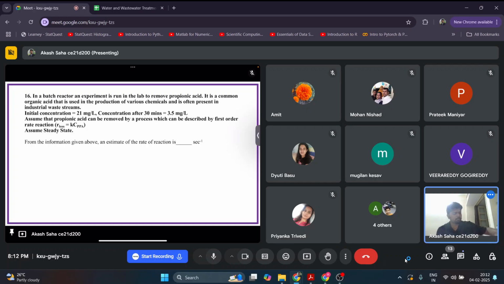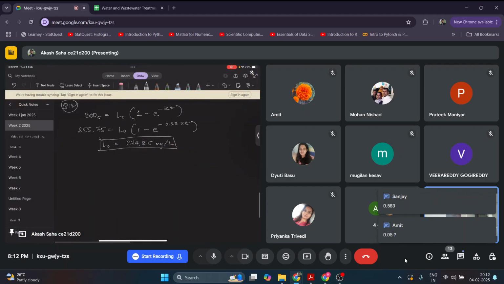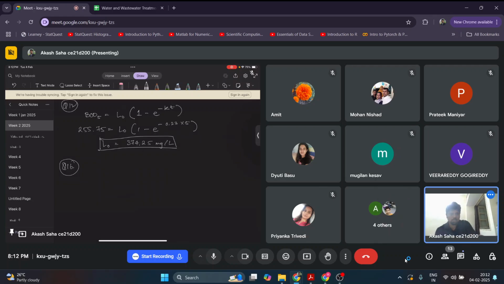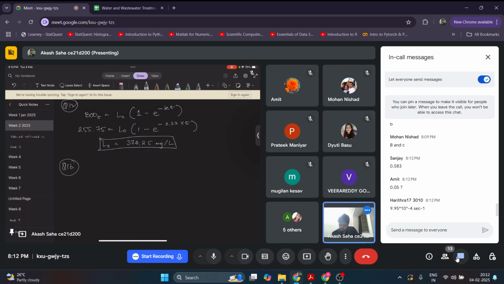Okay, so for a batch reactor, generally what we will do, so simply we can say 0.583. Okay, yeah, it is close. No, 0.05. Yeah, 0.05 is the correct answer.